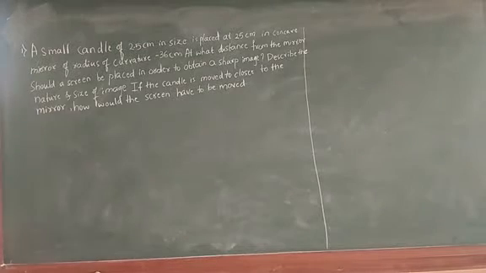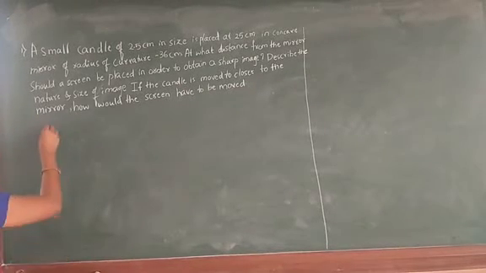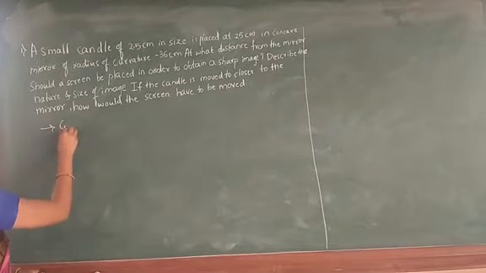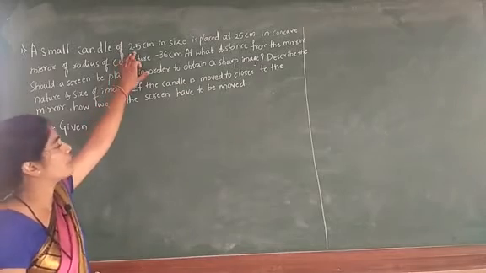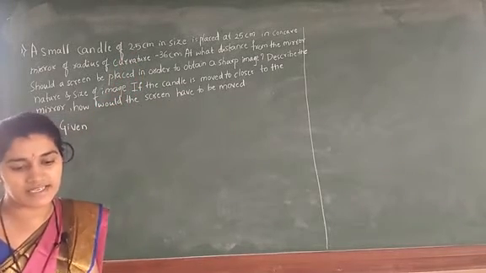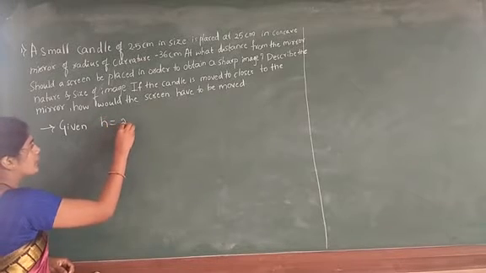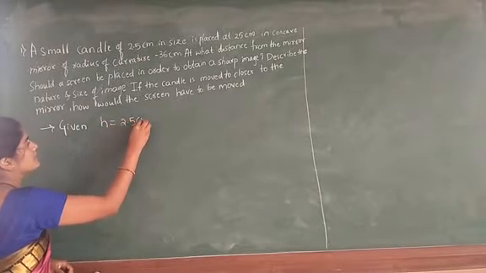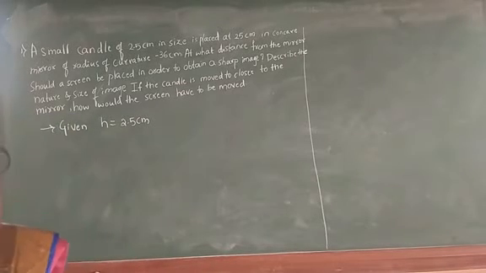Now let us consider the given terms. We are writing the given terms. Given a candle of 2.5 centimeter in size, the height h is equal to 2.5 centimeter. Next, they have told that it is placed at 25 centimeter.